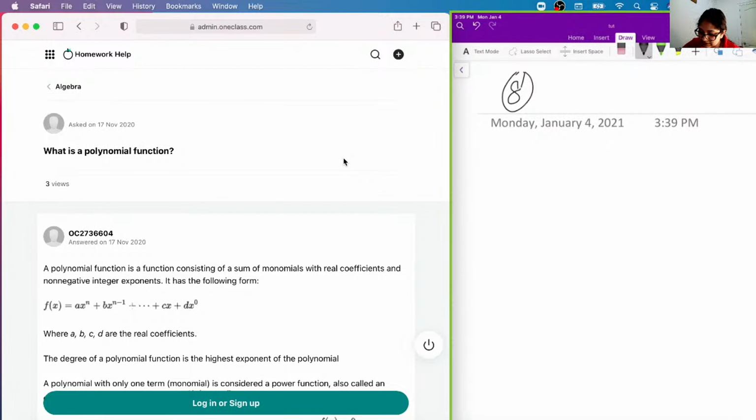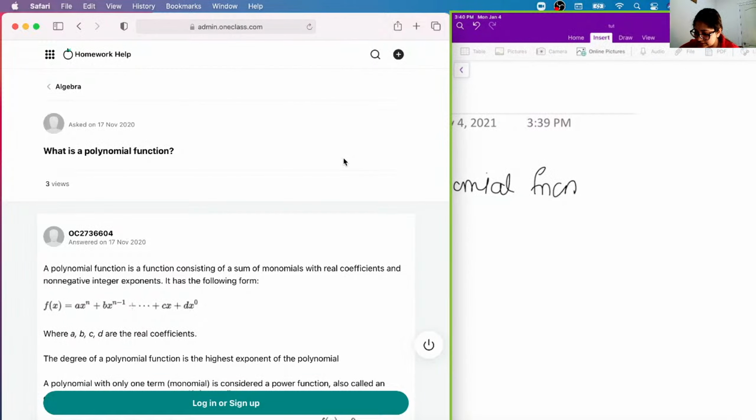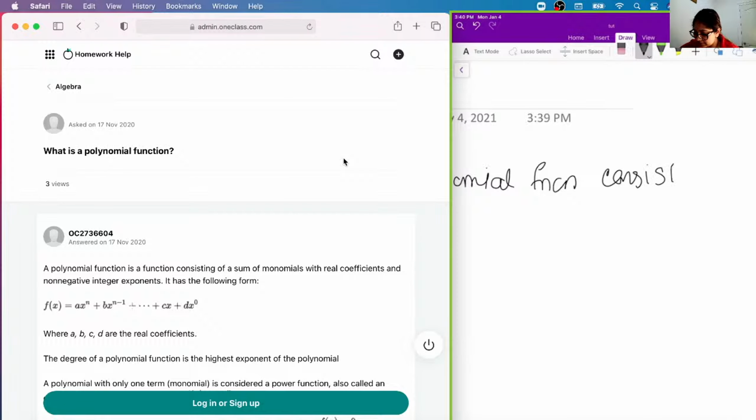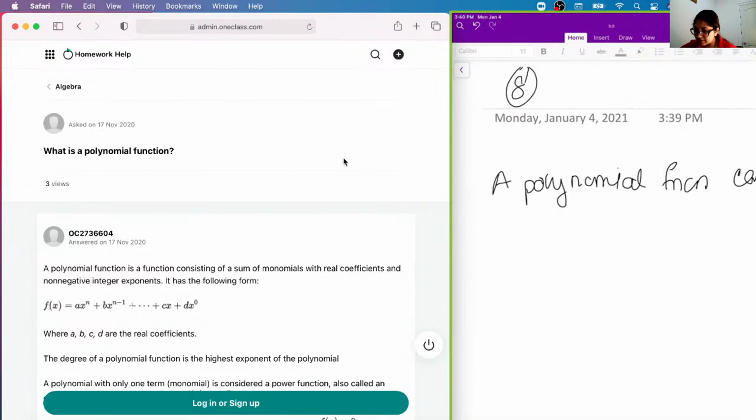So a polynomial function consists of a sum of monomials, so basically a one term, it's made out of one term expressions with real coefficients. So it can't be zero.